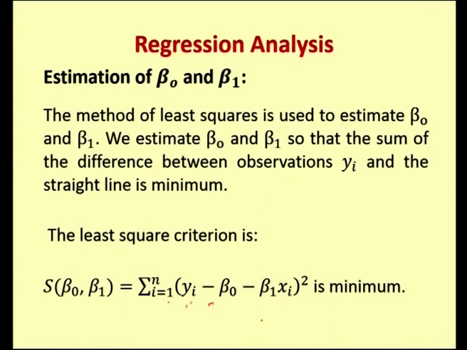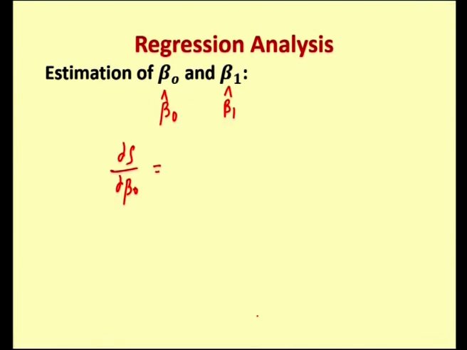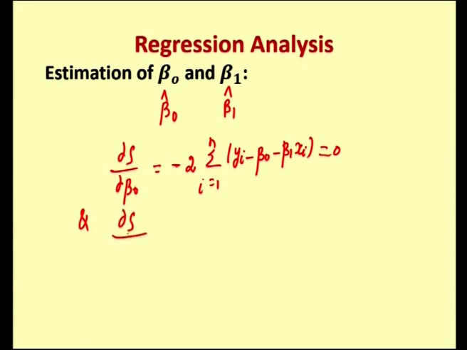The first equation is dou S by dou beta naught is equal to minus twice summation over i is equal to 1 to n of yi minus beta naught minus beta 1 xi, and this is equal to 0. The second equation is dou S by dou beta 1. Here we have minus twice summation of yi minus beta naught minus beta 1 xi into xi is equal to 0, where i ranges from 1 to n.